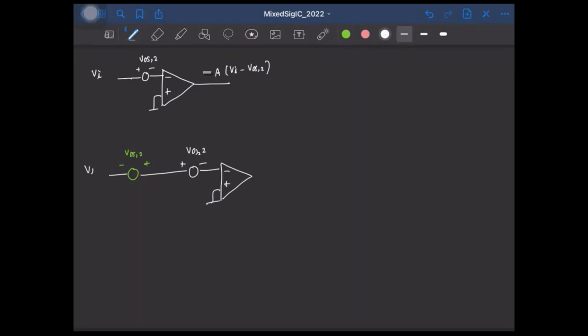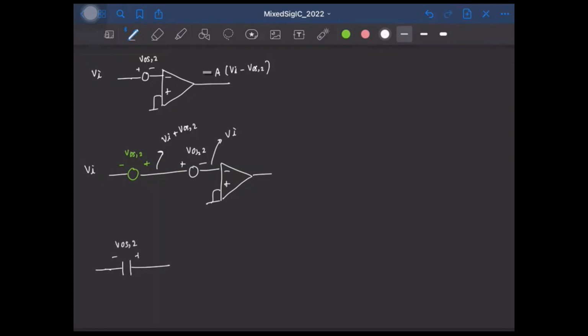Because here if the voltage is Vi, here it will be Vi plus VOS2. So at this point, it will be simply Vi, right? So in principle, this works, but obviously we don't have an ideal voltage source on an IC. So we'll use the next best thing we have, which is a capacitor that is charged to the correct offset voltage.